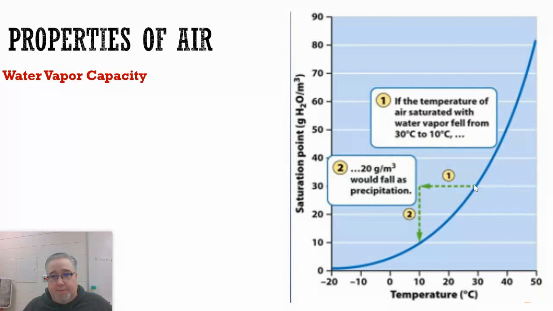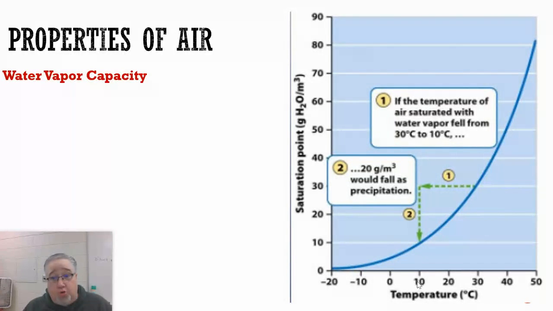Okay. Now, if the temperature cools, and remember, warm air rises, right? So imagine our box of air at 30 degrees Celsius. Imagine it's rising. And as it's rising, it's cooling.